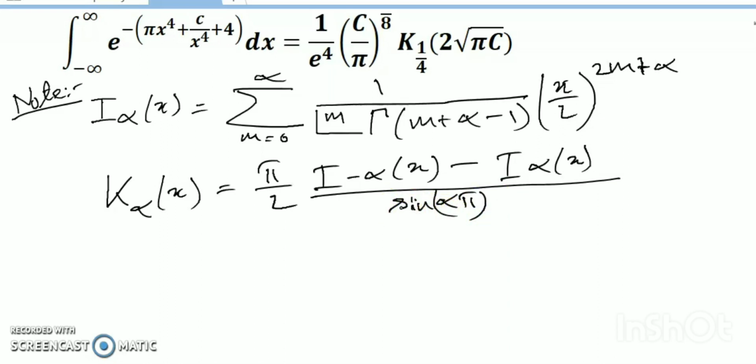So friends, alpha is not an integer. When alpha is an integer, then the limit is used.